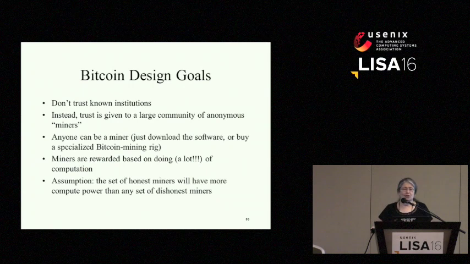You can download the software and start mining on your own machine, or you can actually buy a hardware rig, which is much, much faster. And miners are rewarded based on doing a lot of computation. The assumption is that the set of honest miners will be so huge and have such an awesome amount of compute power that no set of dishonest miners will have more compute power than them.